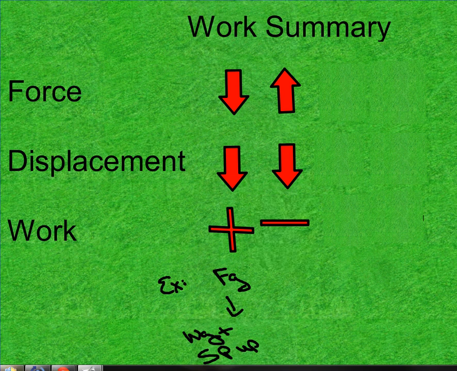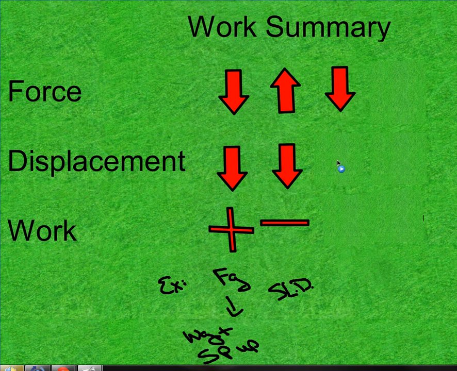What would be a good example of this? Something is falling downward, but it's being caught in a net. Then the net is slowing it down, and the work done by my force is negative.